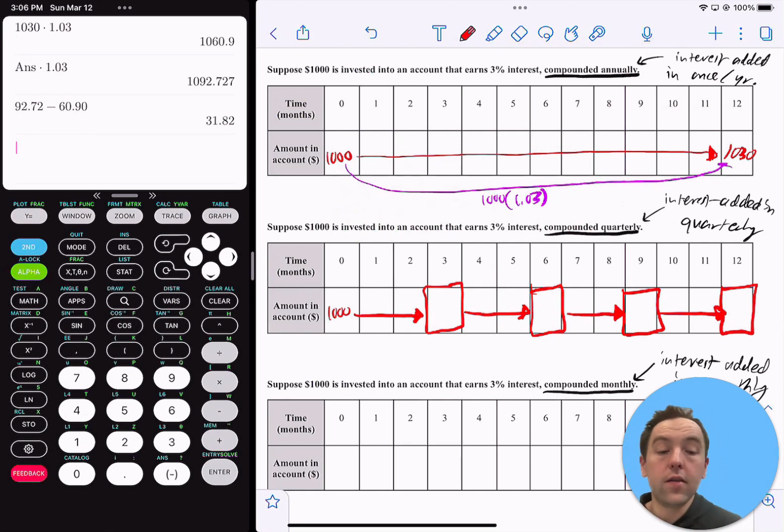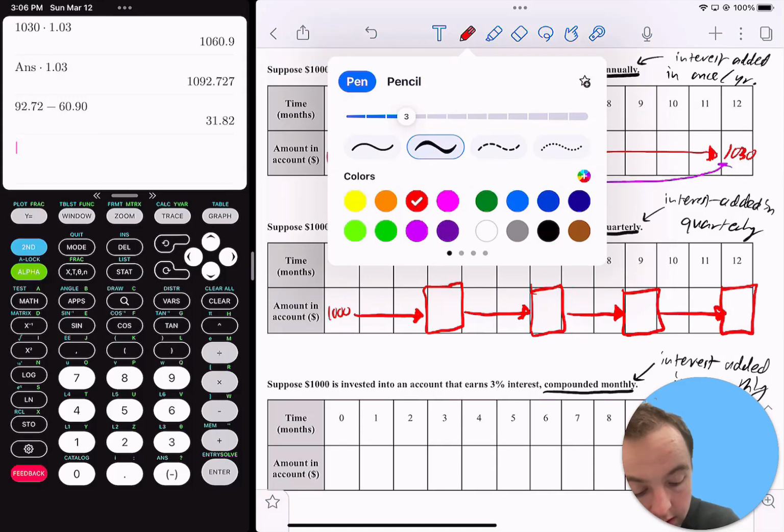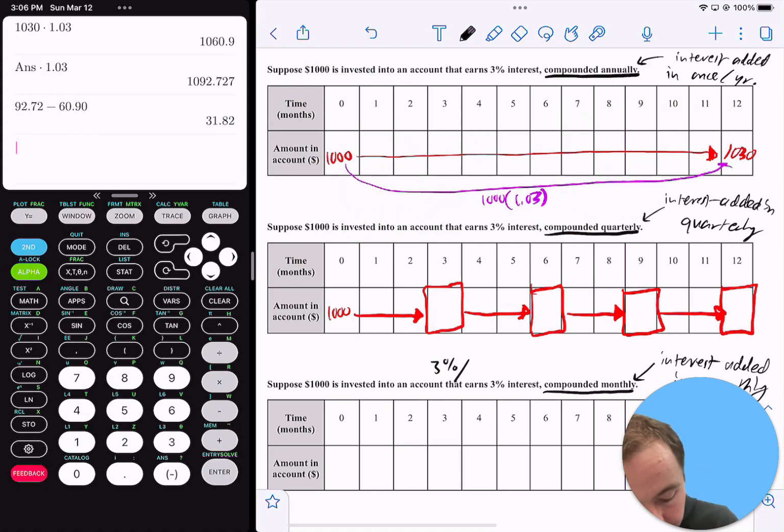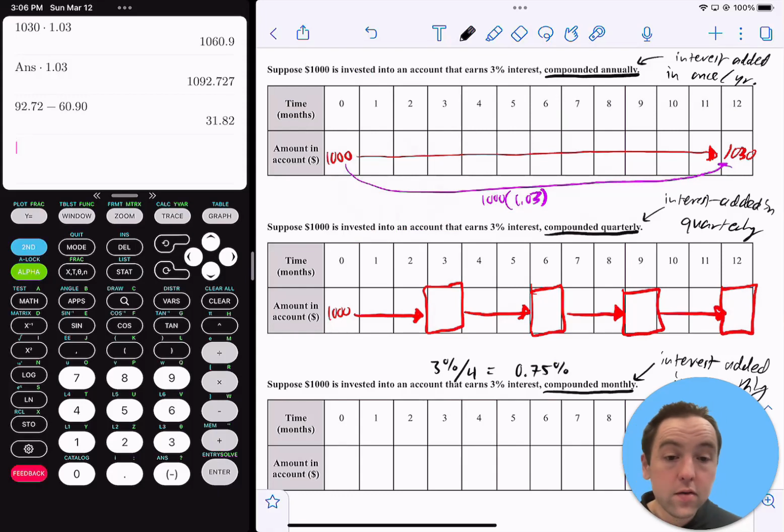Here's what we need to understand: it's not actually going to earn the 3% each time anymore. That 3% rate is an annual rate. Because we're going to earn interest 4 times per year, we're going to take a fourth of 3%, and that ends up being 0.75%.